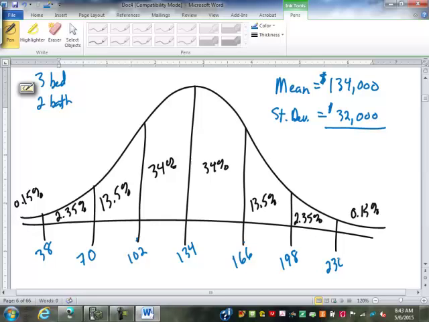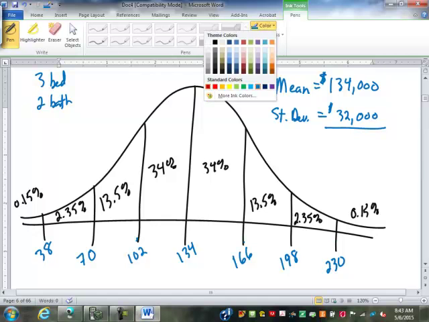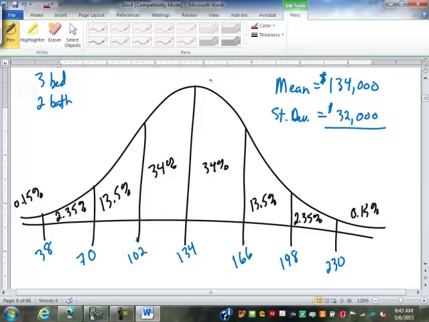This will be 230. Correct? Everybody see where those numbers came from down there? Anybody have any questions? Okay. So now that we've done that, we've filled out this little bell curve.